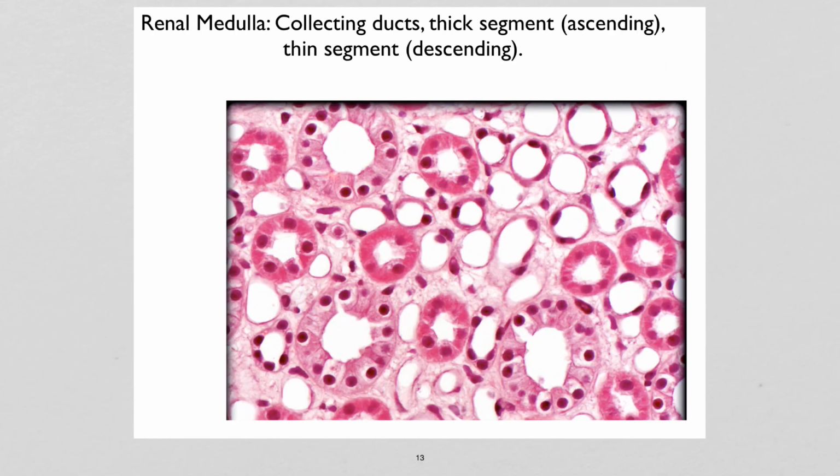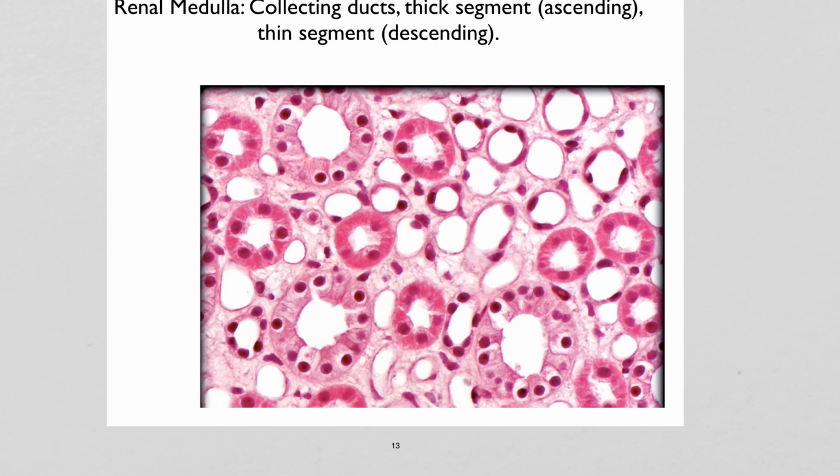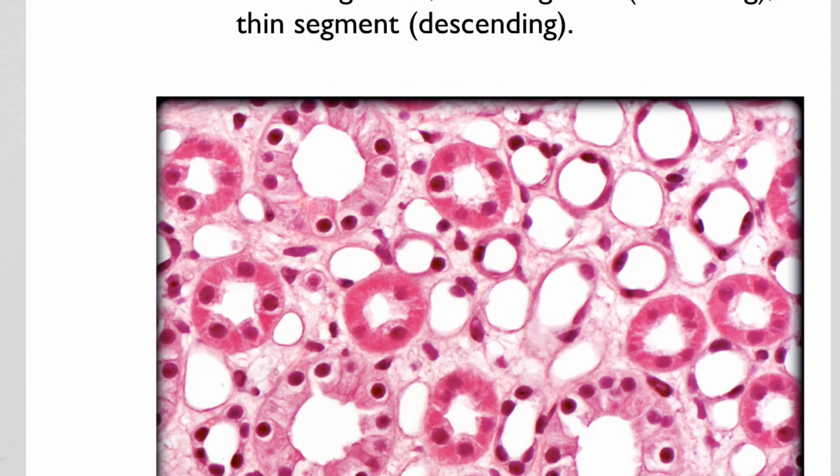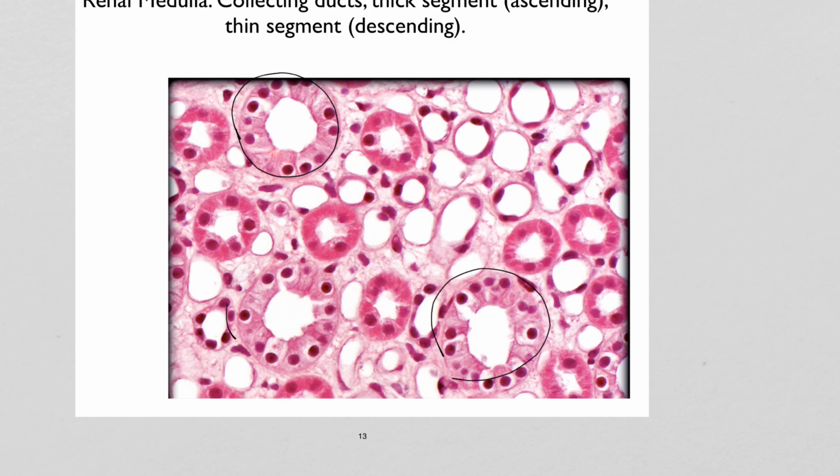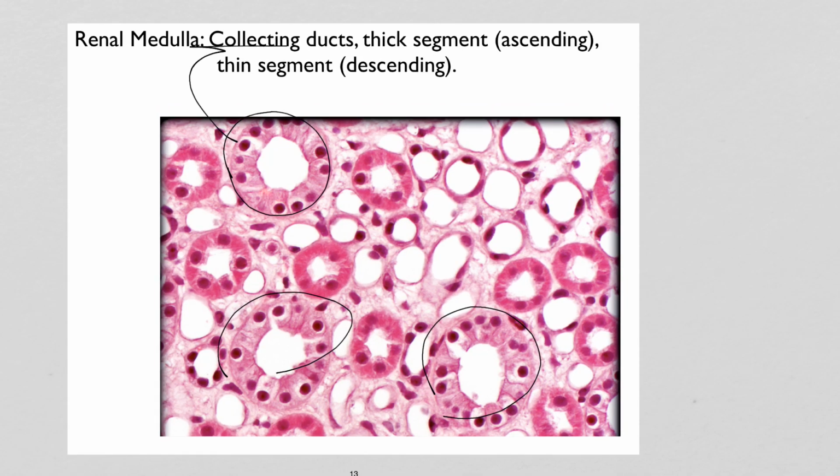All right, this view is renal medulla. No glomeruli present, all tubes. And these big guys, there and there and there, those are collecting ducts. Remember, multiple nephrons feed into one collecting duct, which is part of the reason why they're so much larger.